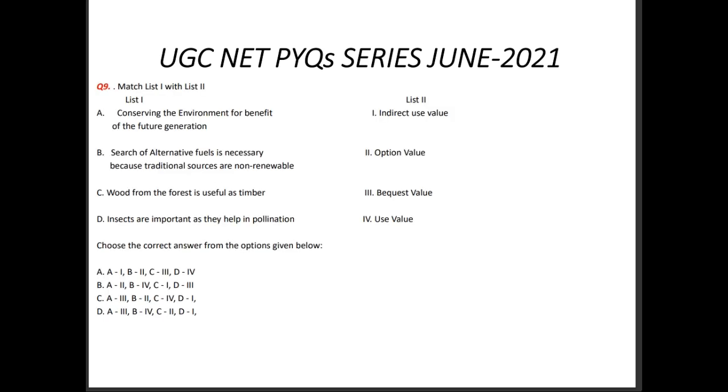Again match list 1 with list 2. Conserving the environment for benefit of the future generation, and search of alternative fuels is necessary because traditional sources are non-renewable. Woods from the forest is useful as timber. Insects are important as they help in pollination. This is indirect use value.